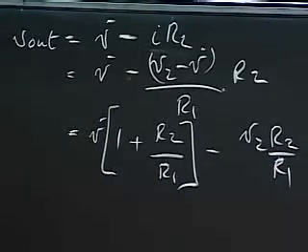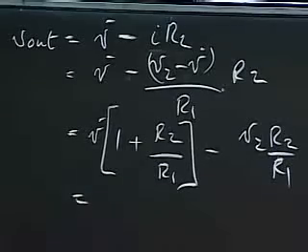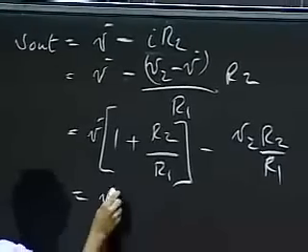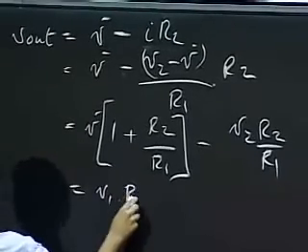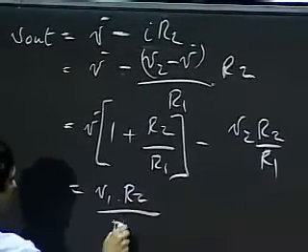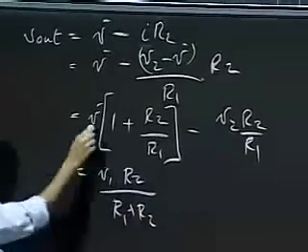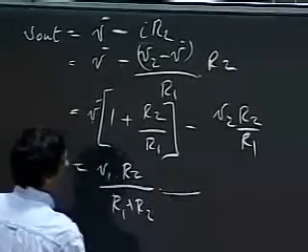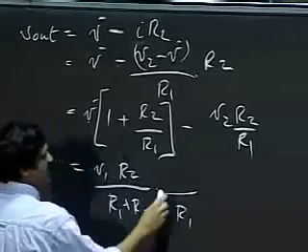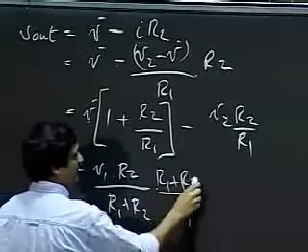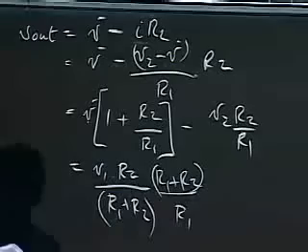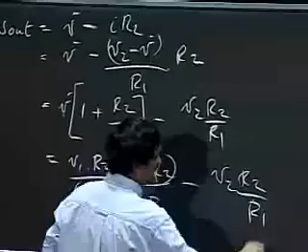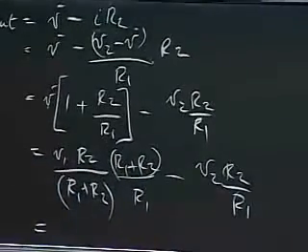That's V out. Now let me go ahead and substitute for V minus, and that is simply V1 R2 divided by R1 plus R2. That's V minus. And this character here is simplified to be R1 plus R2. Minus V2 R2 divided by R1. So what do we get?